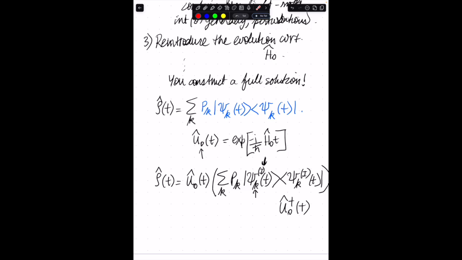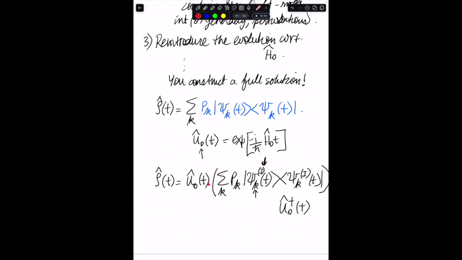but what I want to do here is just partition out the evolution with respect to the matter system. So what is left is that your resultant system evolves only with respect to your perturbation or your interaction Hamiltonian.